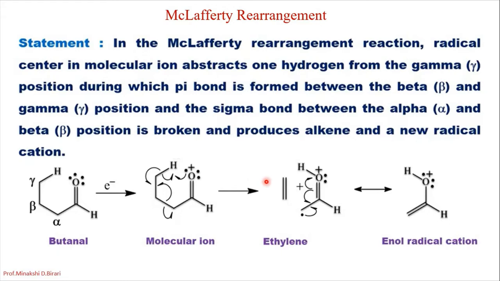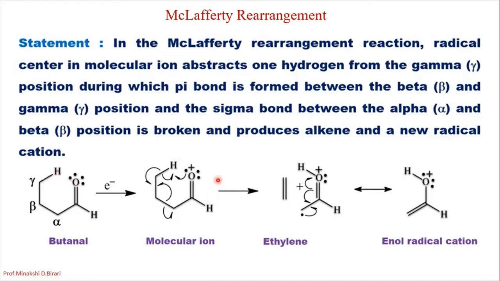This particular rearrangement and fragmentation is accompanied by the loss of a neutral molecule. So here there is a loss of a neutral molecule, that is alkene. In the McLafferty rearrangement, alkene is eliminated. In this reaction, the molecular ion abstracts one gamma hydrogen, and a pi bond is formed between the beta and the gamma position.